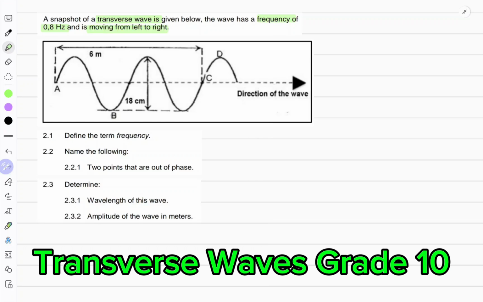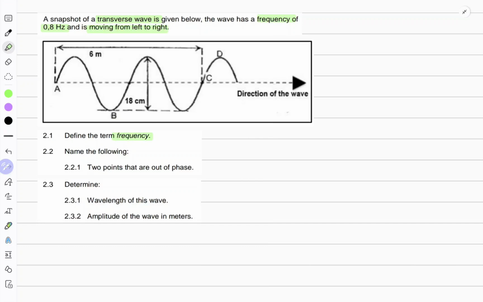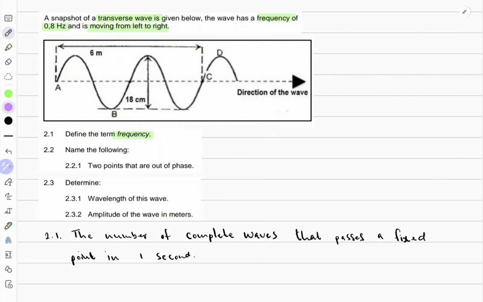The first question says define the term frequency. So the frequency by definition is the number of complete waves, complete waves is a keyword, that passes a fixed point in 1 second. So suppose on the equilibrium you have your fixed point here, call it x.